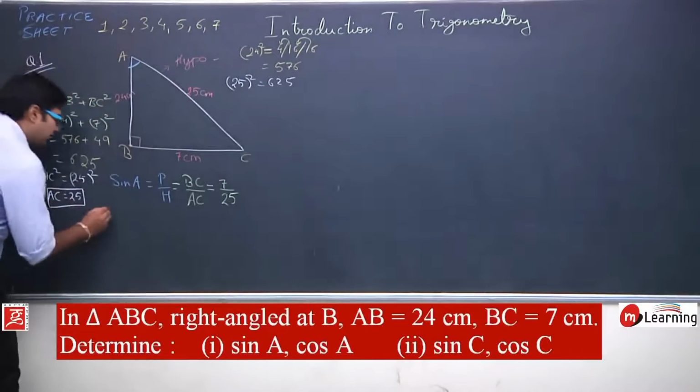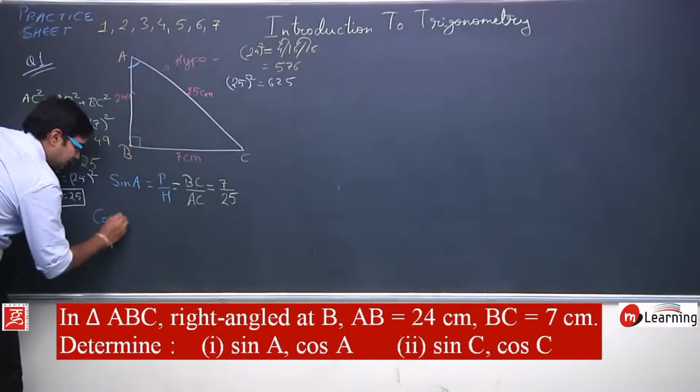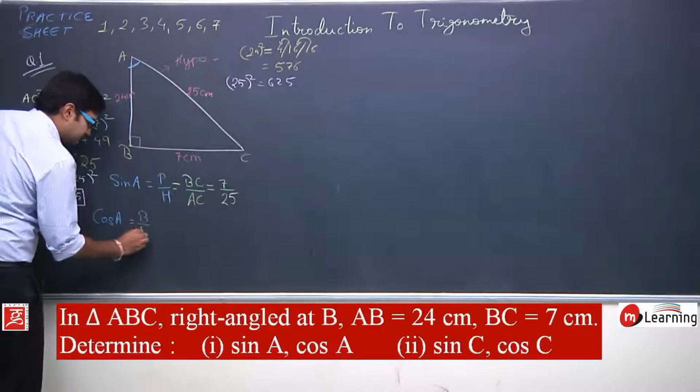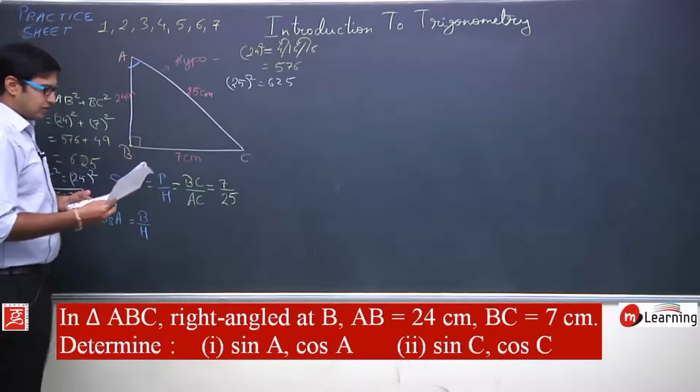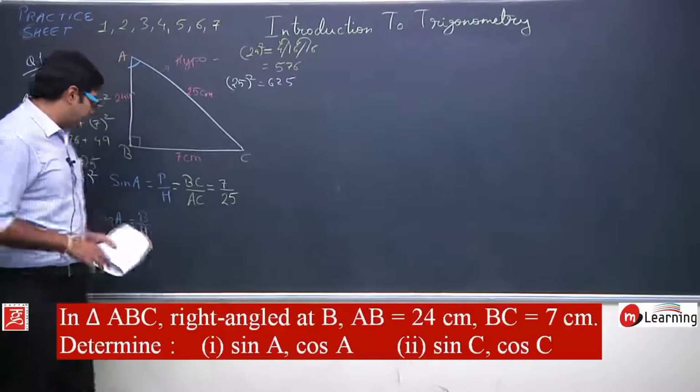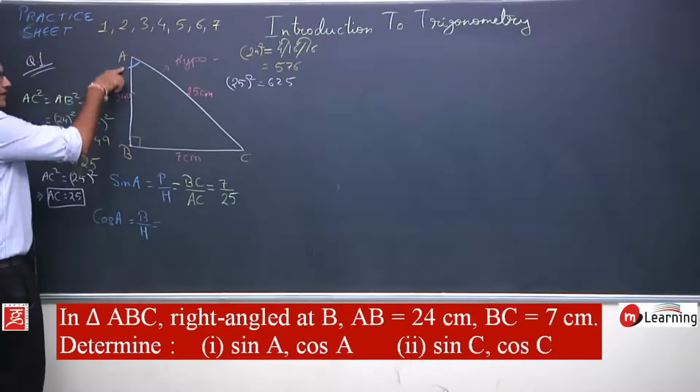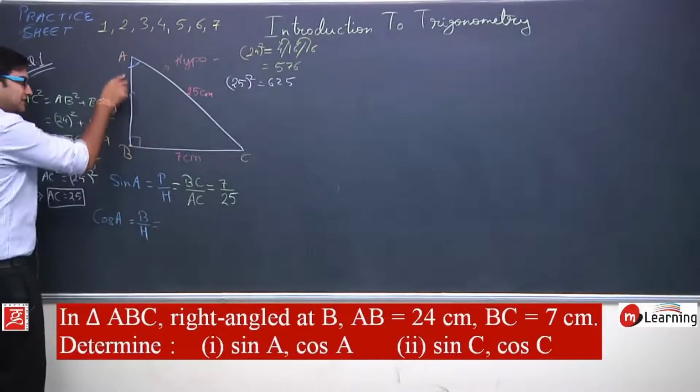Similarly, if I want to calculate cos of angle A, cos of angle A is base upon hypotenuse. Okay, we need to calculate sine A and cos A. So base upon hypotenuse, what is base with respect to angle A? AB is the base.